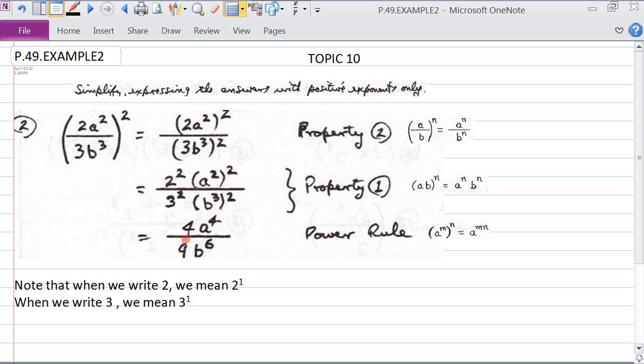We know that 2 squared is 4. We know that 3 squared is 9. I multiply the 2 times the 2 right here, and I get 4. I multiply the 3 times the 2, and I get the 6 right here. So everything is now with positive exponents only.